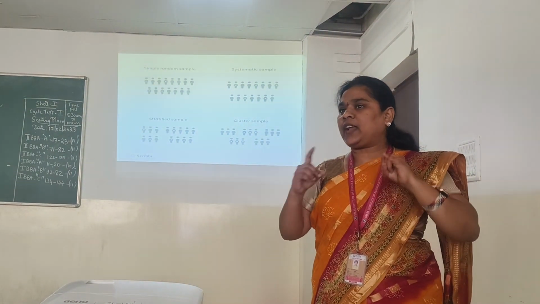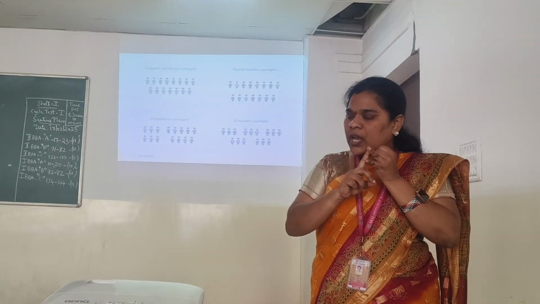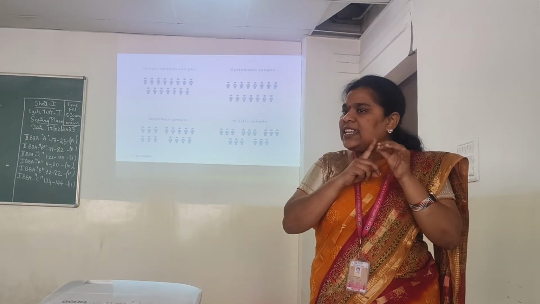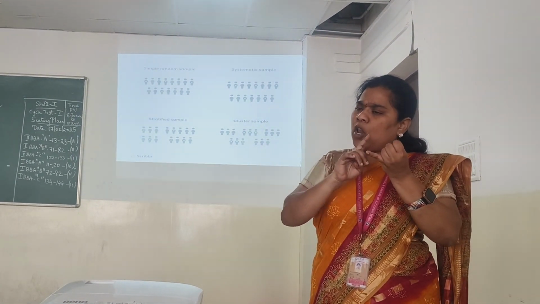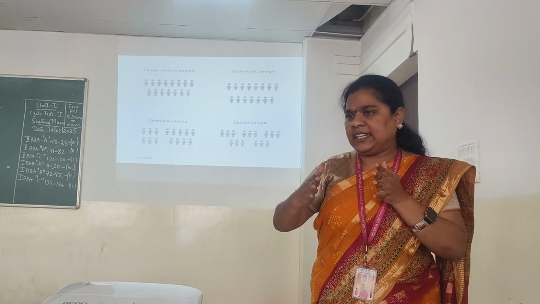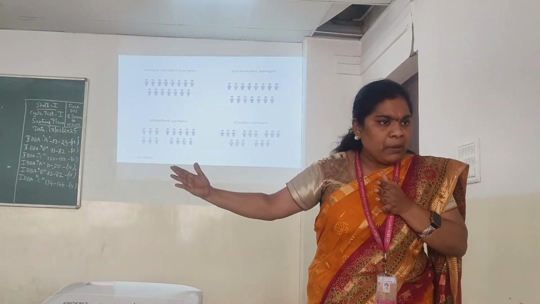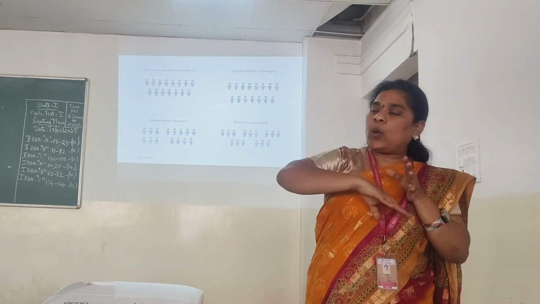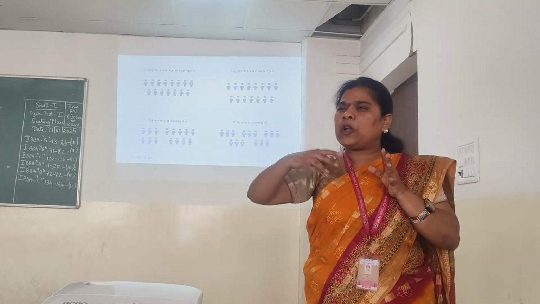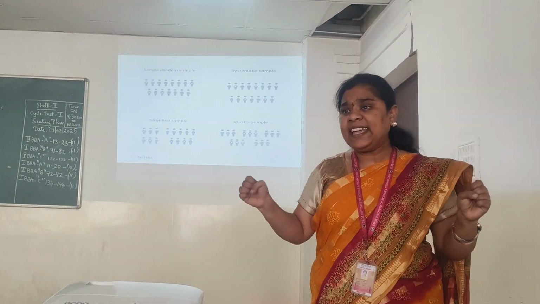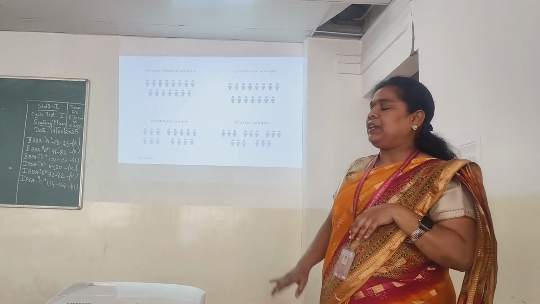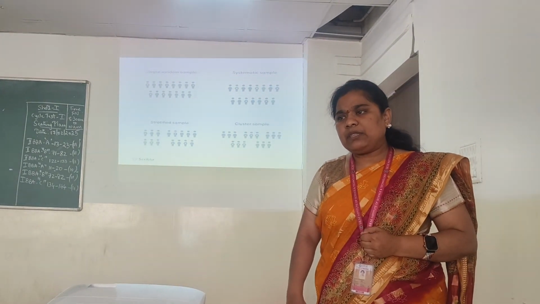Here I am going to collect roll number 5, 10, 15, 20, 25, 30, otherwise roll numbers 2, 4, 6 systematically. Either I can choose even numbers or odd numbers, otherwise skip 4 or 5 or 10, and collect the data. That type of sampling is called systematic random sampling.